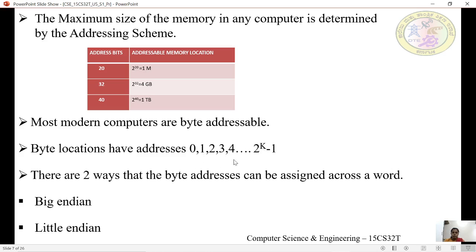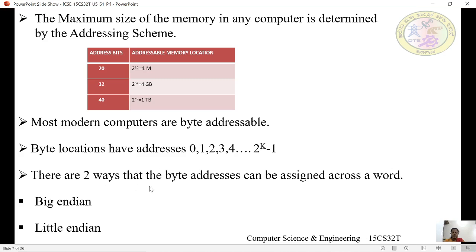So the size of the memory depends upon the address bits, where k is the number of address bits. Suppose k is equal to 4, then 2 to the power 4 is 16, and 16 minus 1 is equal to 15. Then the locations run from 0 to 15, so overall 16 memory locations.